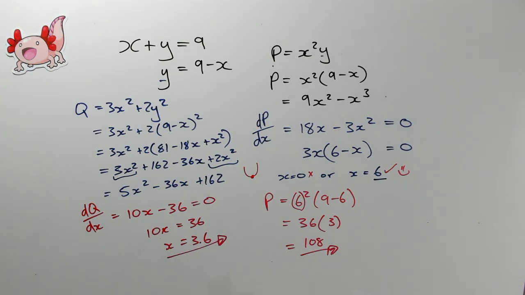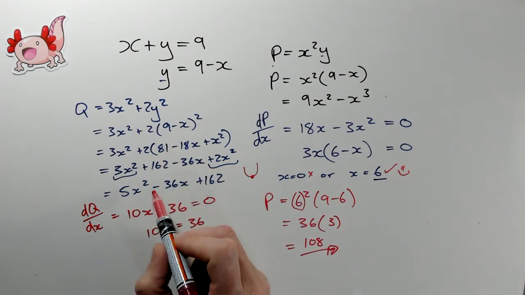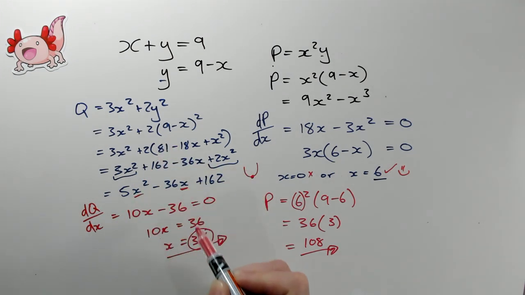Then we have to find the value of Q at that point. For that, I'll have to put this x value, 3.6, into this function. Just sub that in, and I have done it before in my calculator, and the answer was 97.2.